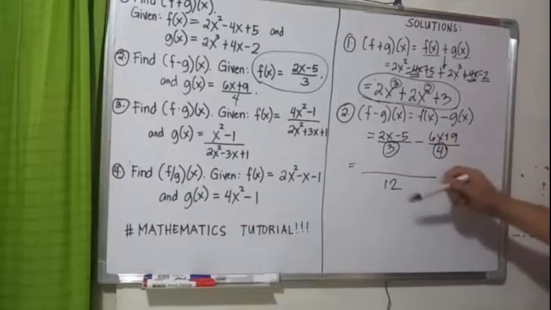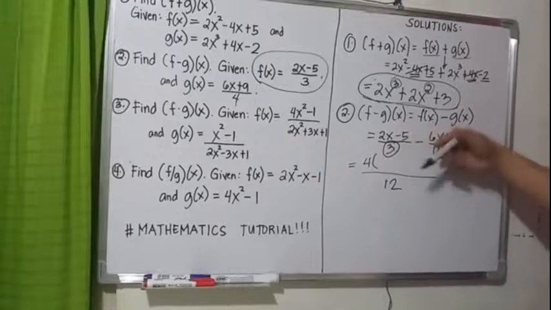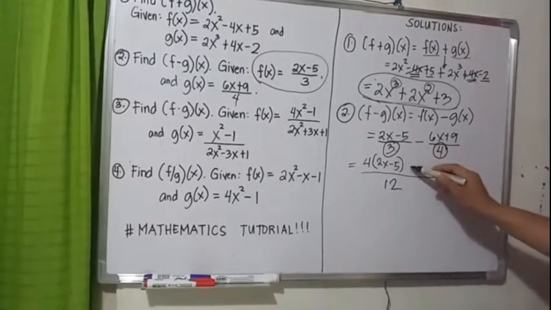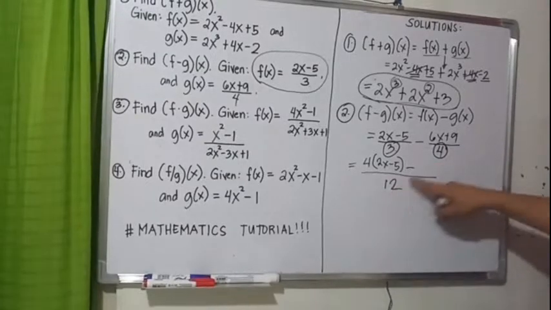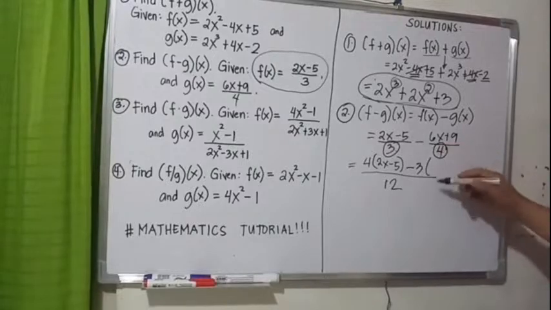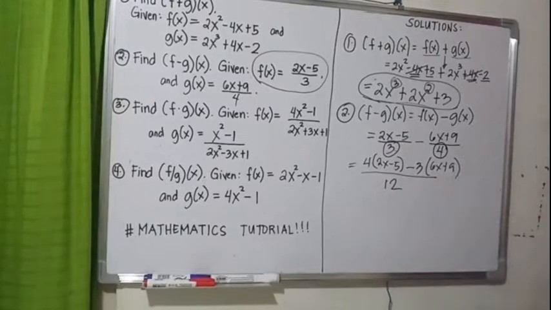That is 4 times the numerator, that is 2x minus 5, then subtract 12, divide by 4, that is 3 times the numerator, that is 6x plus 9.